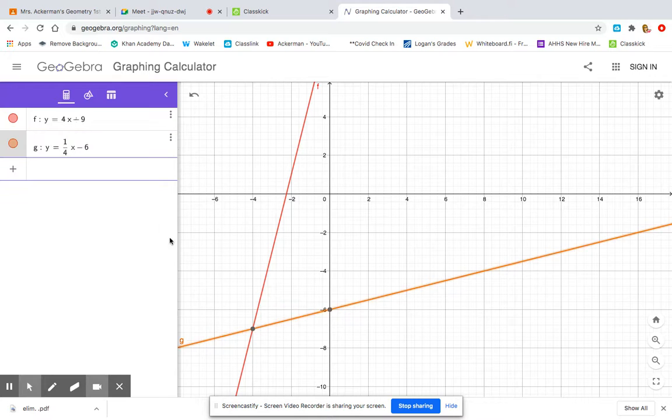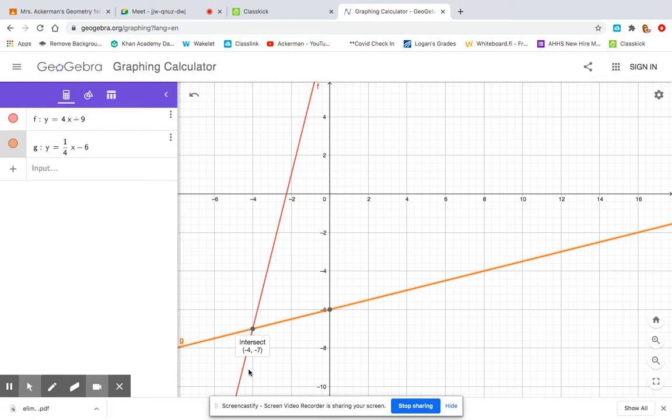And so you'll see my orange graph is that one. And so we can already see where it's intersecting. It's intersecting right here. So if I just click the intersection, you will see that the intersection is -4, -7. That's the answer. The answer is where it intersects.